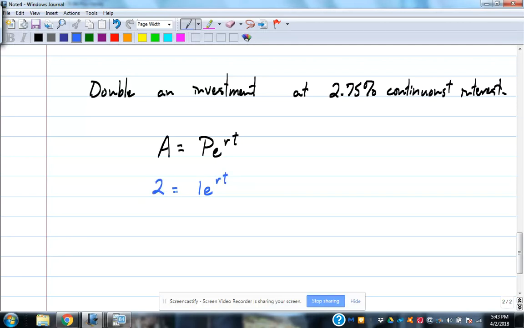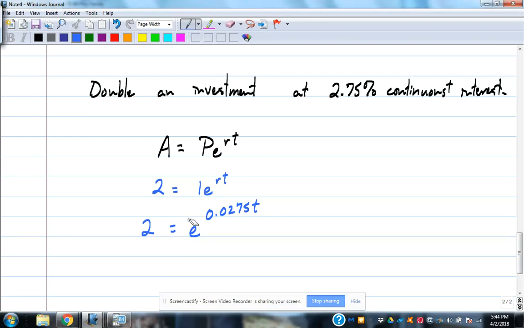So if I'm going to double $1, I'm going to get $2 back. I know my interest rate is 2.75%. I want to know what time that's going to happen. Divide it. 2 divided by 1 is 2. So that 1 just goes away.